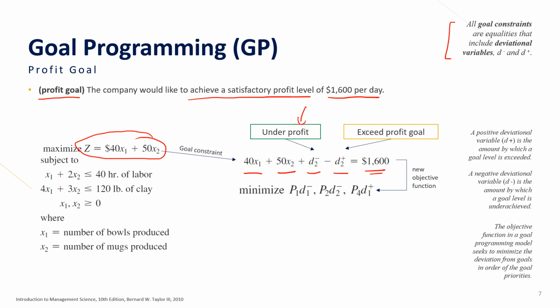Okay, for this one, of course, we don't want to minimize the excess over 1,600. If it is possible, we will exceed it as much as possible. So what we want to minimize here is the one that is under. So it will be minimize P1 multiplied by D1 minus, priority 2 multiplied by D2 minus, and P4 multiplied by D1 plus.